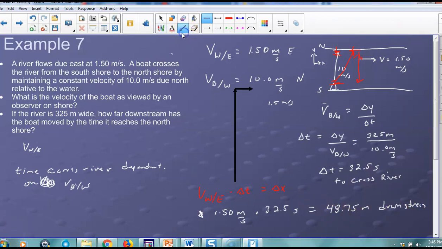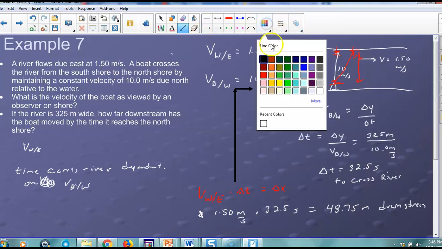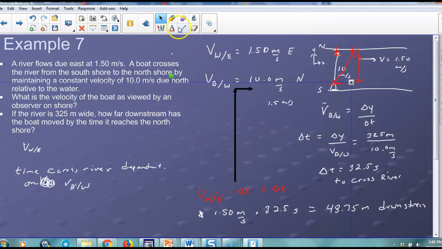Now let's look at direction also. We know it's downstream, but let's also go ahead and solve for the angle that's there. So we draw in a resultant, in some other color, like maybe light blue.